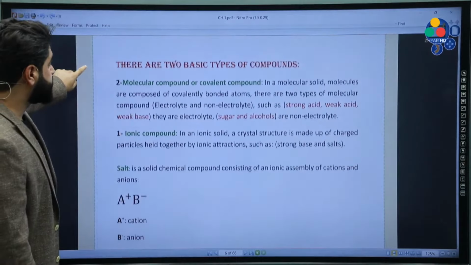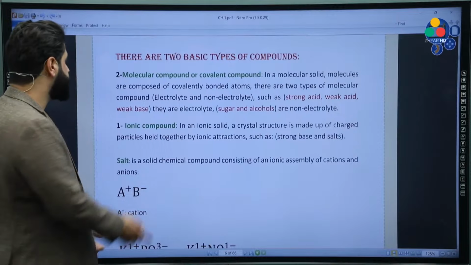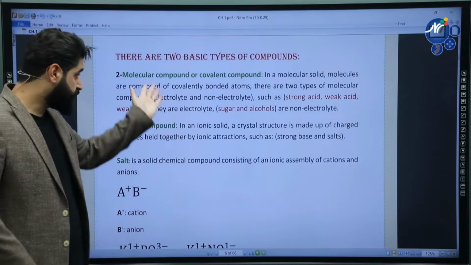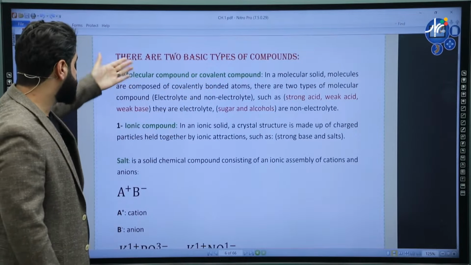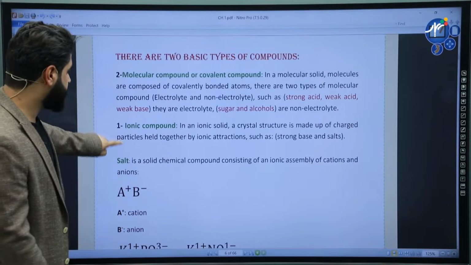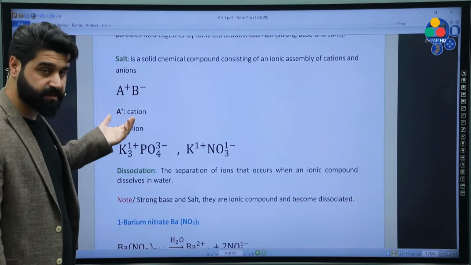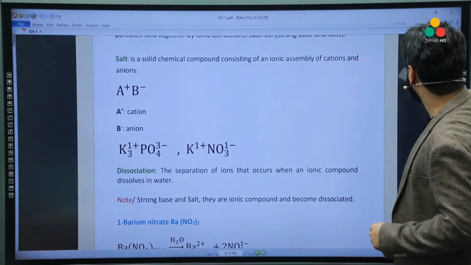And we know that we have two major classes of compounds, which are molecular compounds and covalent compounds. Molecular compound and covalent, same name, okay? Molecular compound and ionic compound. We have two major classes. For ionic compounds, we have salt and strong bases. And now, this is our point, okay?